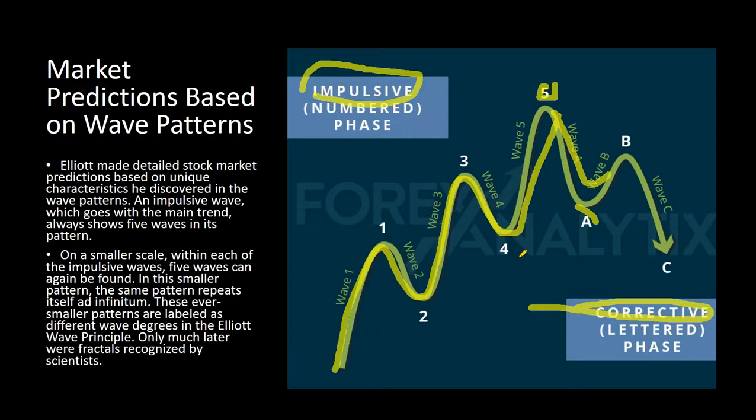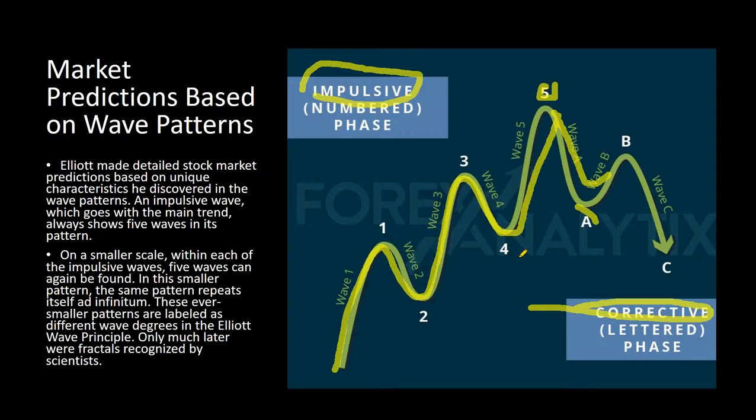Okay. Now, Elliott made detailed stock market predictions based on a unique characteristic he discovered in the wave patterns. An impulse wave, which goes with the main trend, always shows 5 waves in its pattern. And this now holds true. Now remember, when Elliott did this, he was only looking at the stock market because we didn't have the other markets, so to speak.